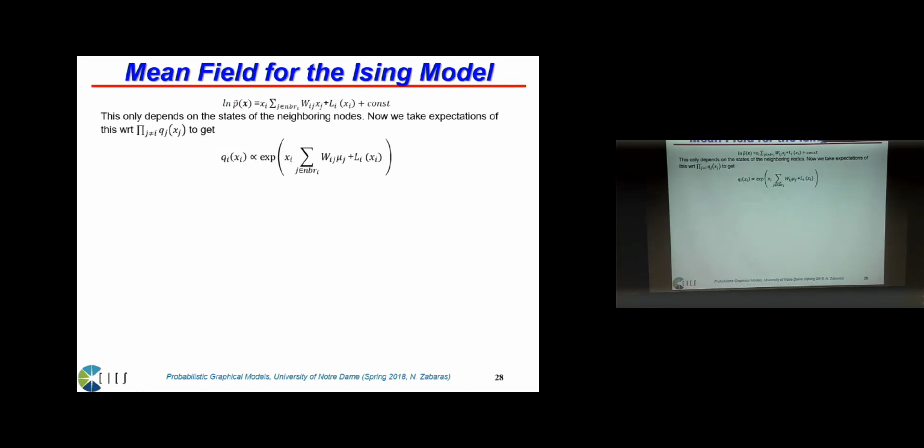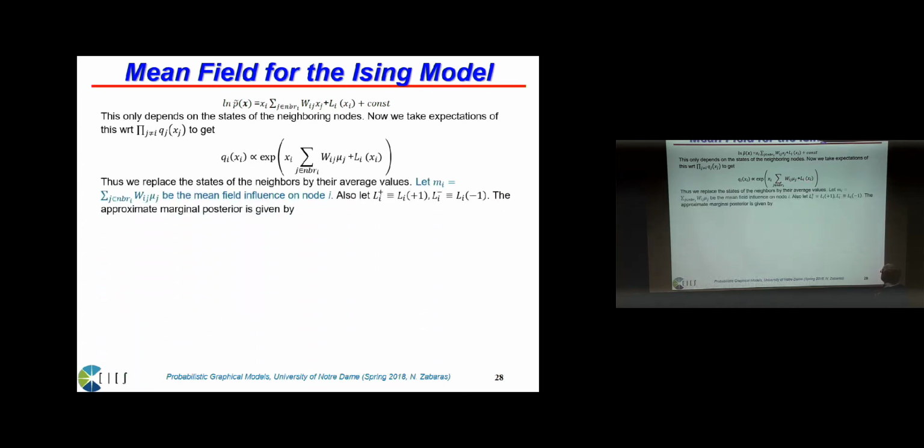All right, so we said that the log of qi was equal to that, so qi is the exponential of xi times the summation over the neighbors of i plus the local evidence that depends only on xi. Because xi can only take values plus 1 and minus 1, I'm introducing two different definitions here.